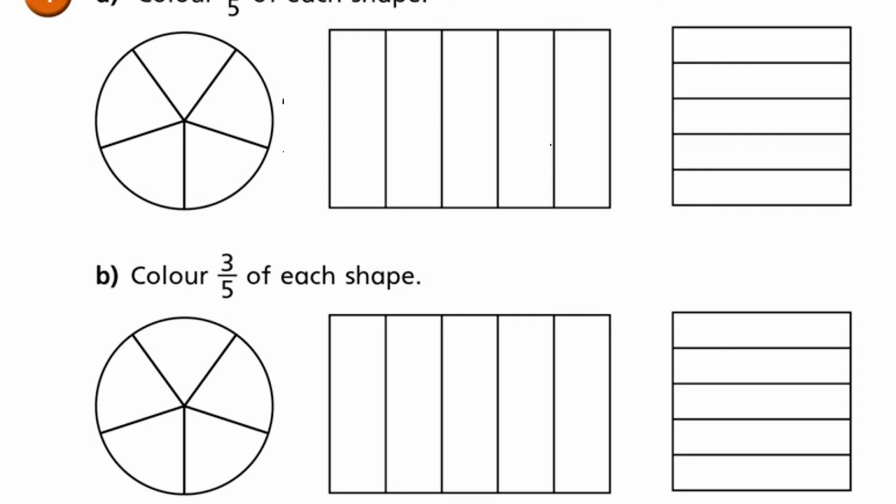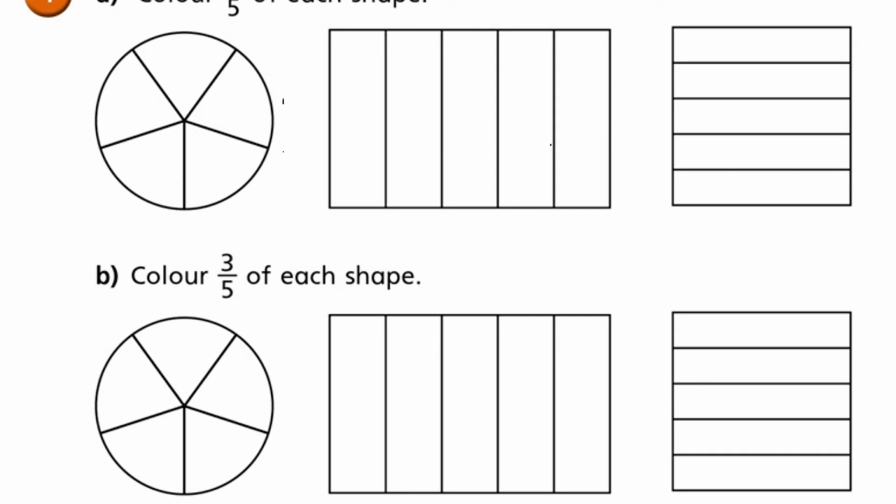Okay, so if you were coming up to the board, how many would you shade in? I know it's difficult. How many equal parts have we? We've got 5 equal parts. How many do you have to shade? The numerator, the top number, tells you, and it is 1/5. So you would shade in 1 part.